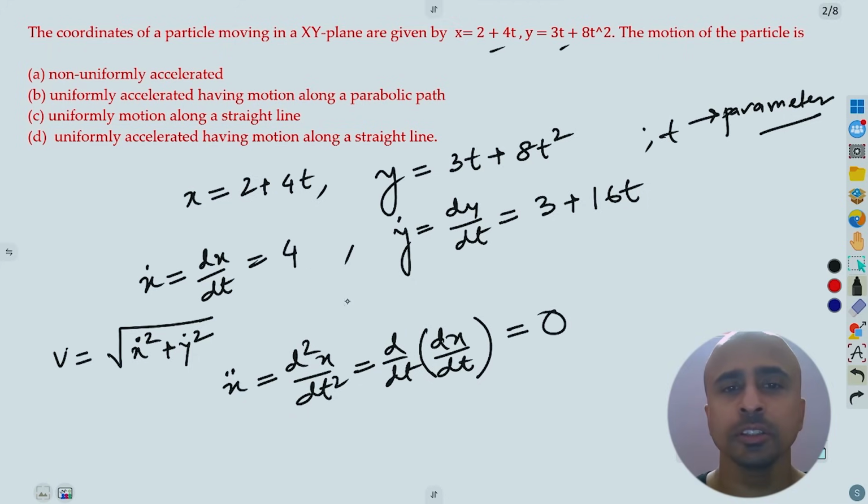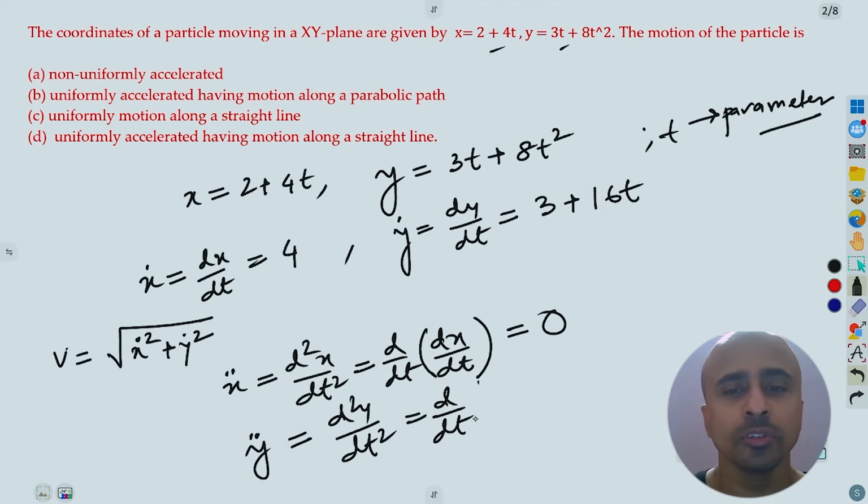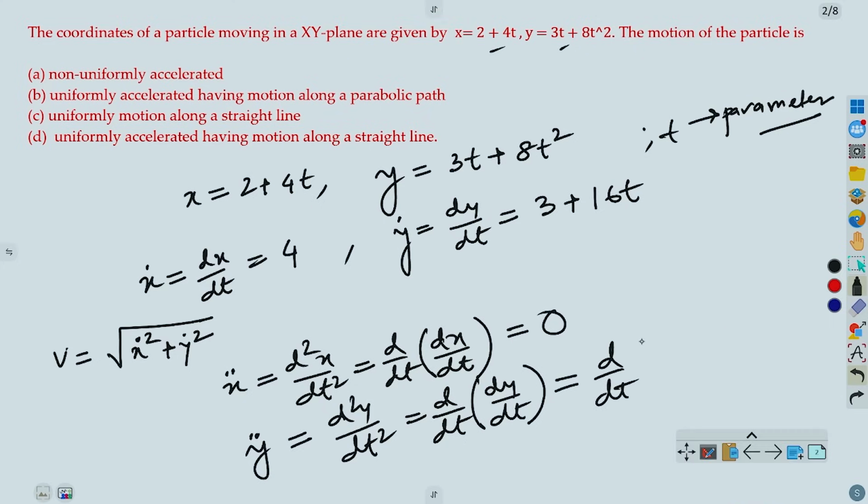Because dx/dt is 4 and d/dt of 4 is 0, 4 is constant. And what is y double dot? Similarly, y double dot is d2y/dt2, which is d/dt of dy/dt, that is d/dt of 3 plus 16t, which is 16.